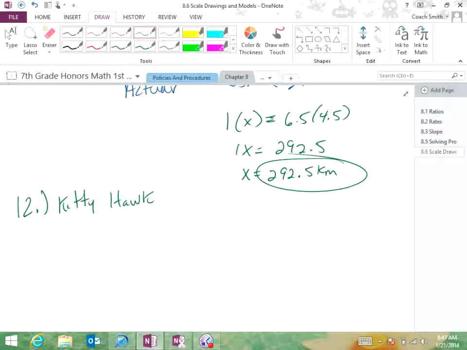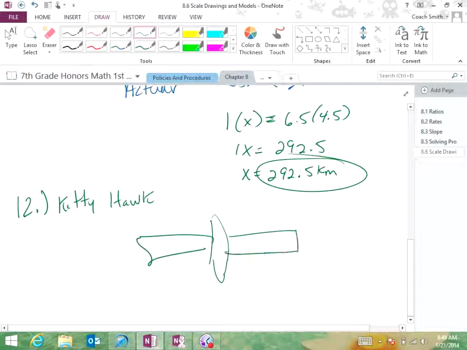Okay, so the Kitty Hawk wingspan. In other words, they're looking at a plane like this, and here's the wings. Okay, nice plane. All right, and they're saying from here to here on the model is 17.1 centimeters. Okay, they want to know what the actual distance is.